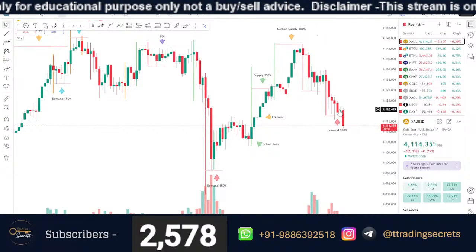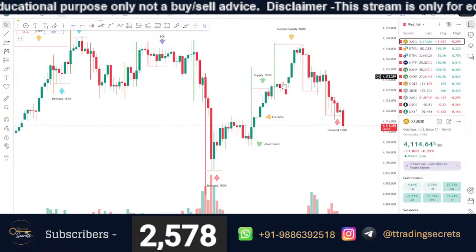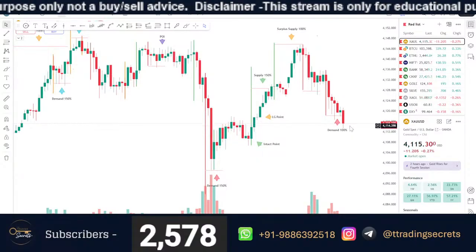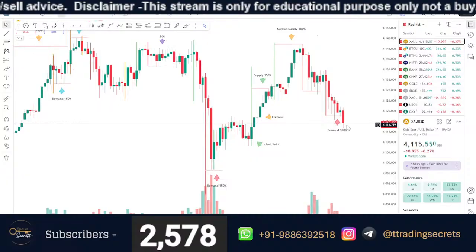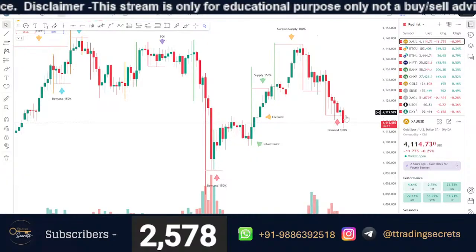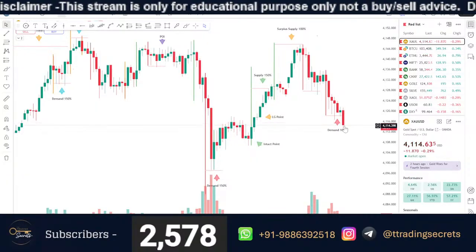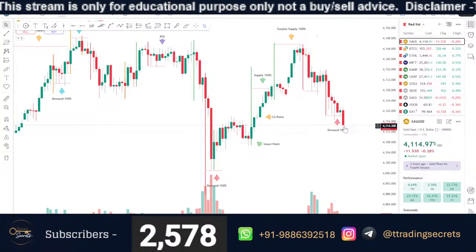We had a rejection at 100% of the demand, and this movement is given a break. The first thing you have to keep in mind is this candle sustaining first. If this candle sustains, and with continuity the rejection converted into movement develops, only then will the trade of execution be visible. Otherwise, this intact will make everyone sit and trap them from here again.